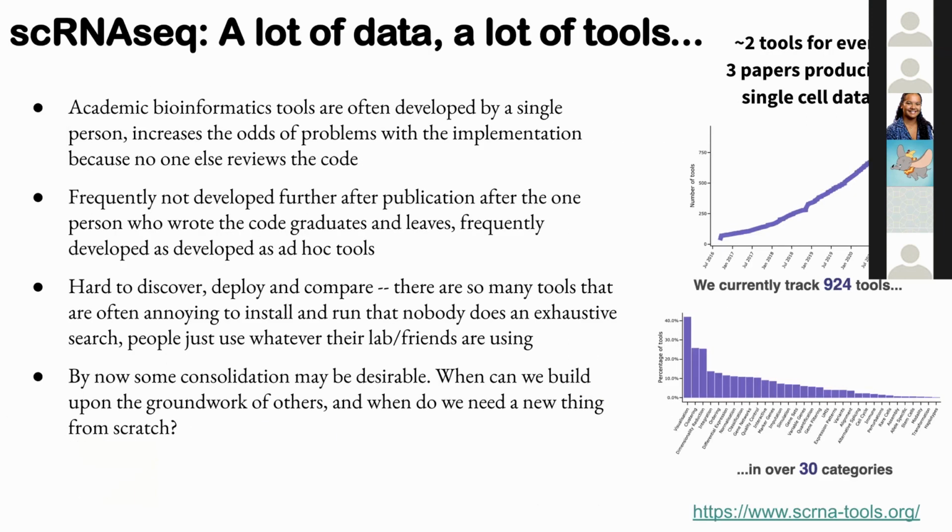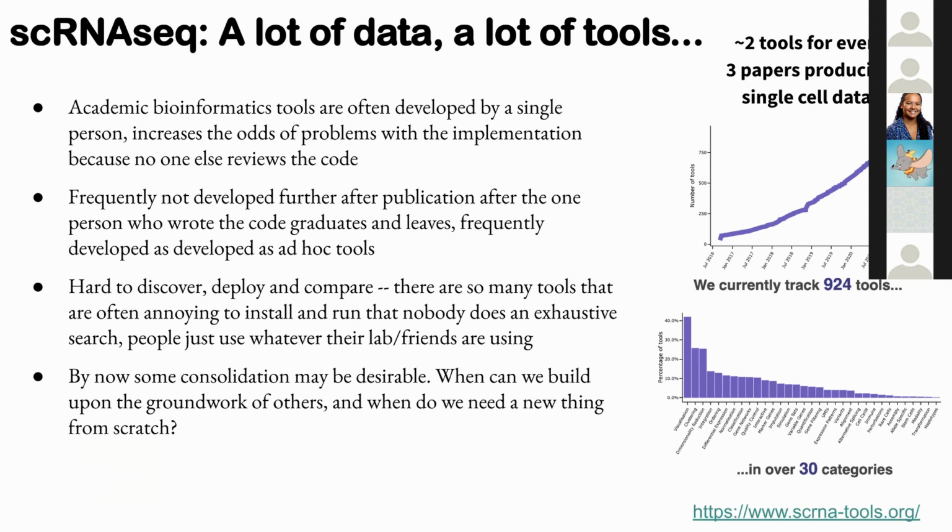And so single cell has been putting out a lot of data, and because people are not totally sure how to deal with all this data, kind of every other paper that comes out comes up with their own workflow because things are not settled.